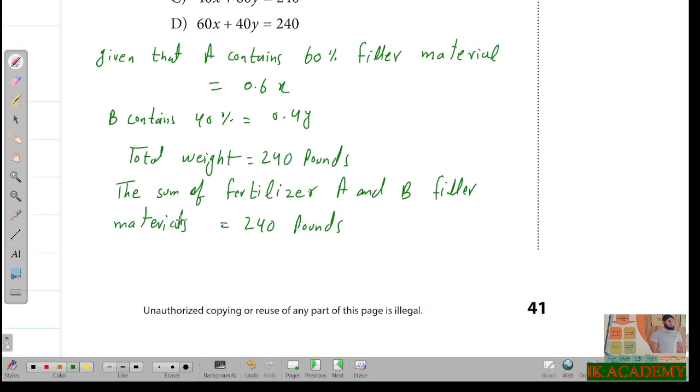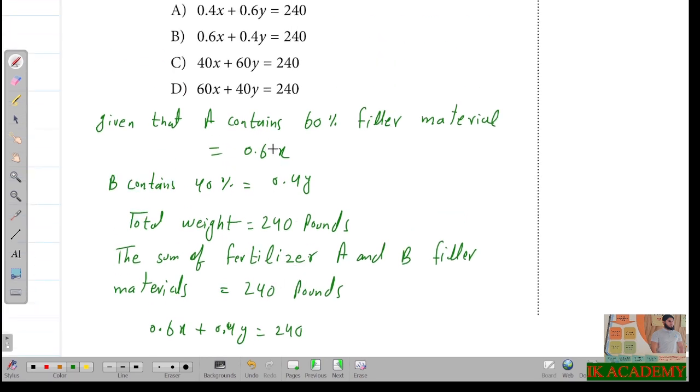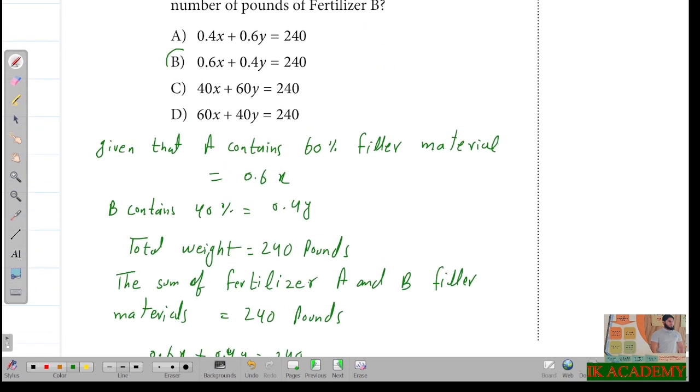So let's write down the sum: 0.6x + 0.4y = 240 pounds, which is option B. That's the correct answer.